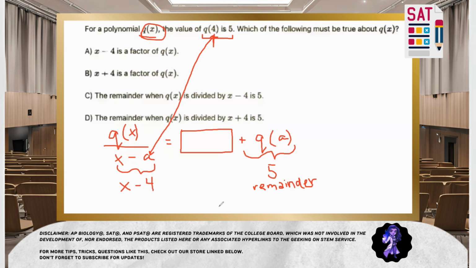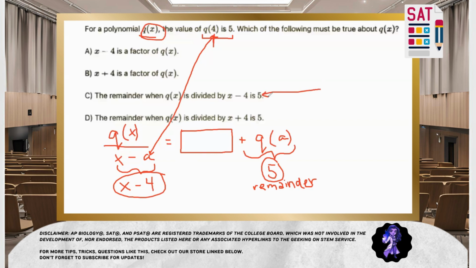Okay, so now we know that this is X minus 4. So we're basically saying Q of X when divided by X minus 4, the remainder is 5. So off the bat, if I had no time and wanted to spend under a minute, that phrase matches up with answer choice C.